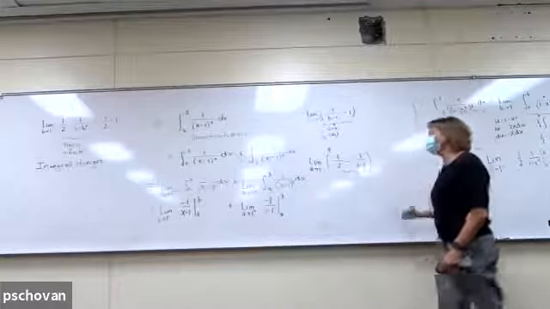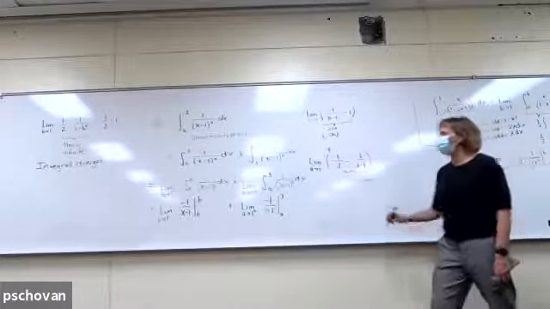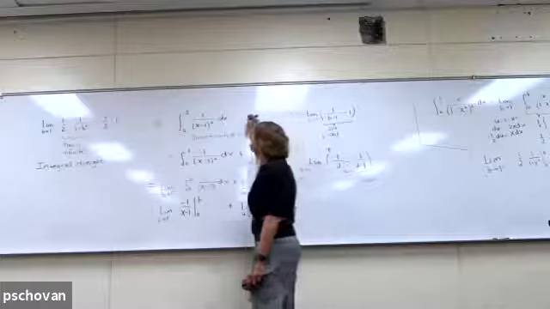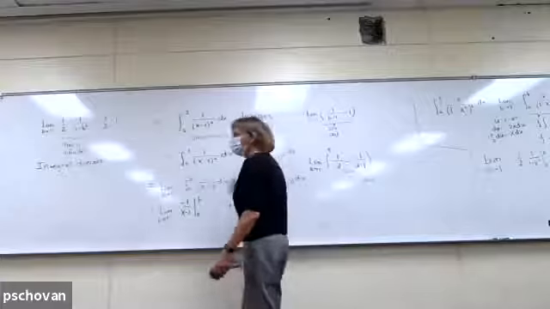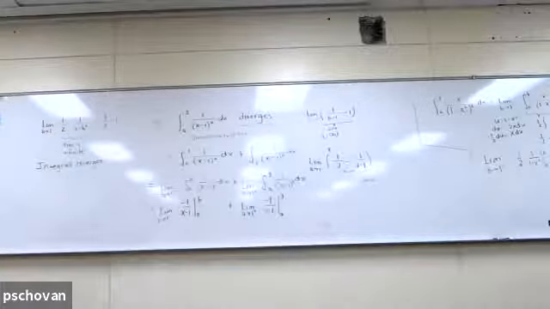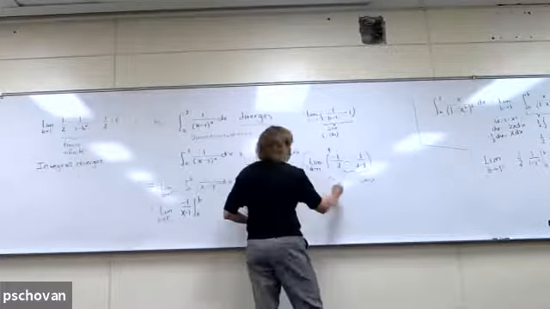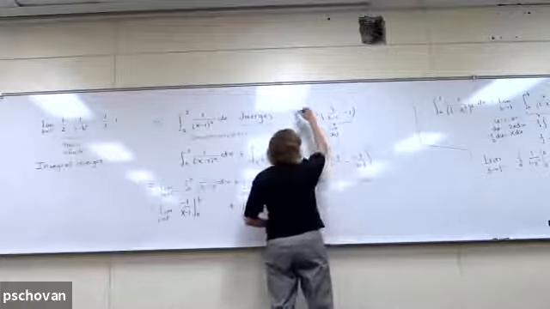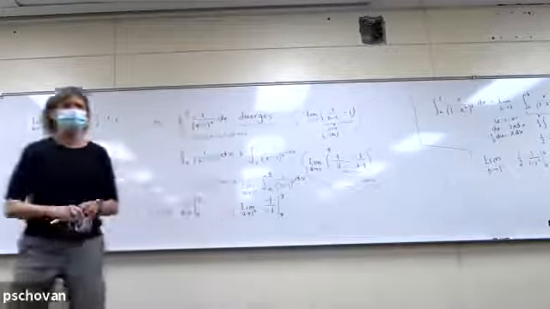So this also doesn't exist. Right? That's infinite. So this diverges. So each one of these gives me dividing by 0, which is why that limit doesn't exist. It becomes infinite. Okay?